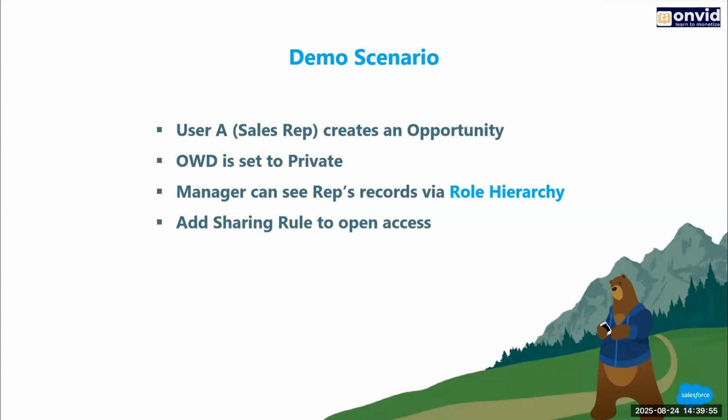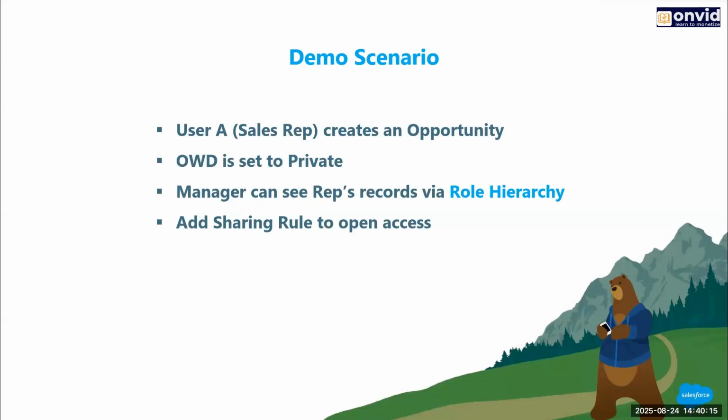Let's suppose user A is a sales representative and creates an opportunity. OWD is set as private. The manager can see the rep's record via role hierarchy, and by adding sharing rules to open the access. This is a demo of how things are created from a business point of view.